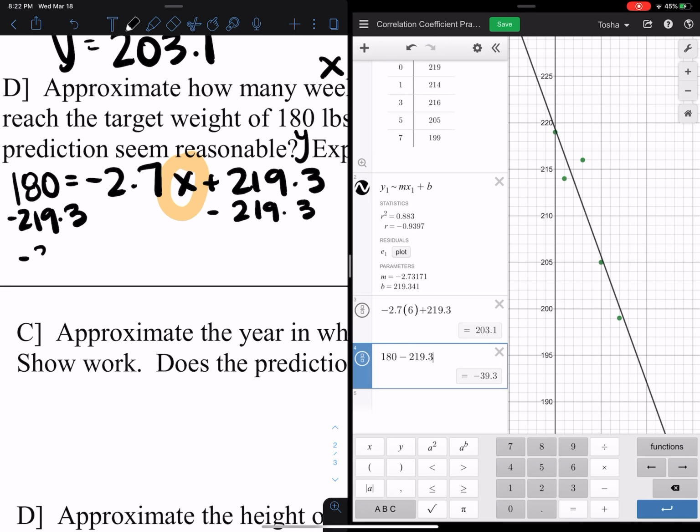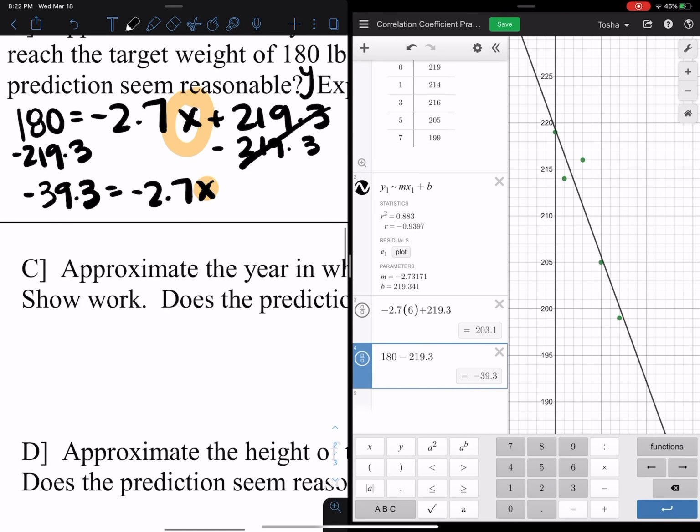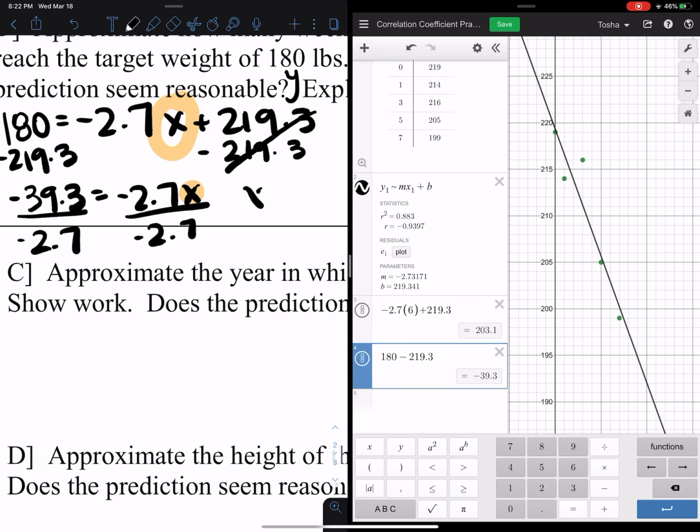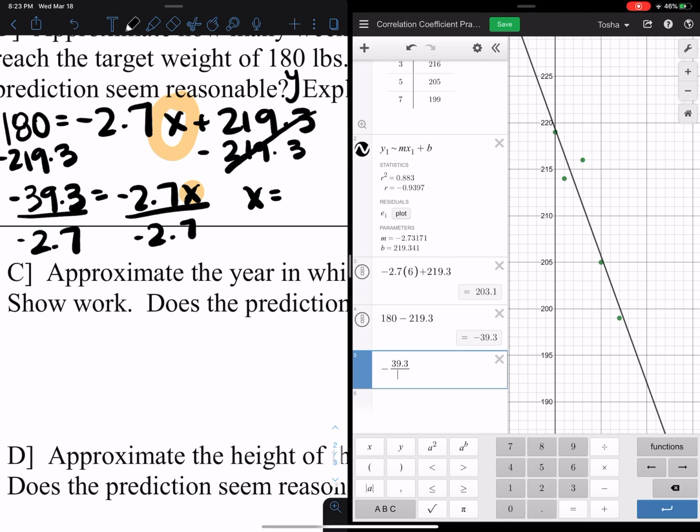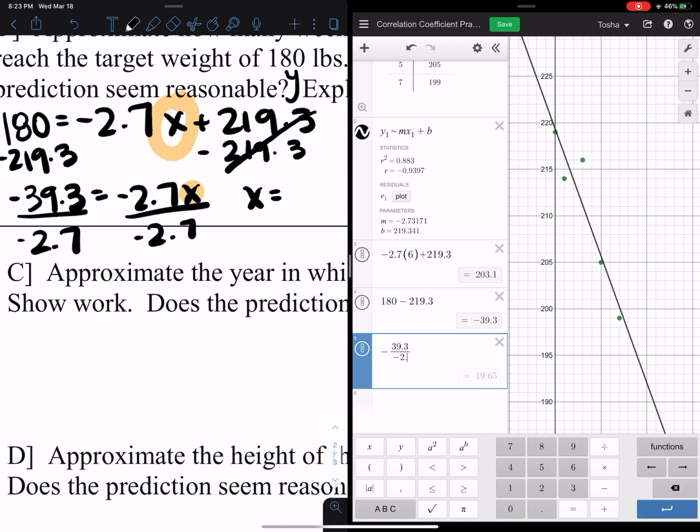That tells us it's negative 39.3, and those two cancel, so we have negative 39.3 equals negative 2.7x. Now remember, if we're trying to get this x by itself, we need to get all of the numbers away from that side. So we just divide by negative 2.7. So we have x equals negative 39.3 divided by negative 2.7.